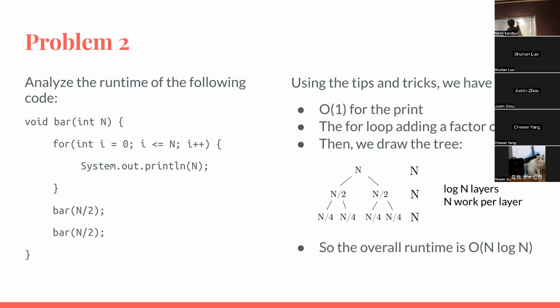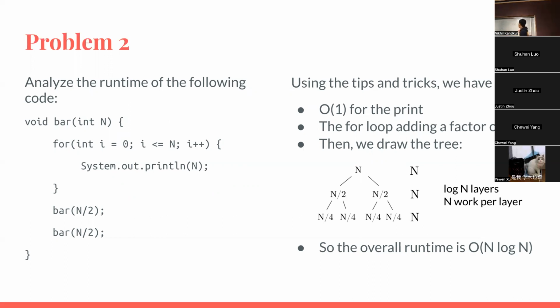So just like we've seen, this adds a multiple of n to our runtime. So now we have theta of n. And now we know that this function, before it does any recursion, does theta of n work.